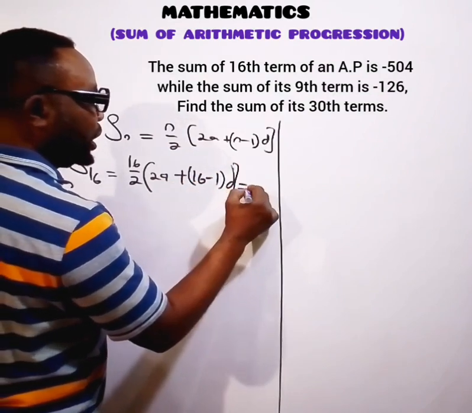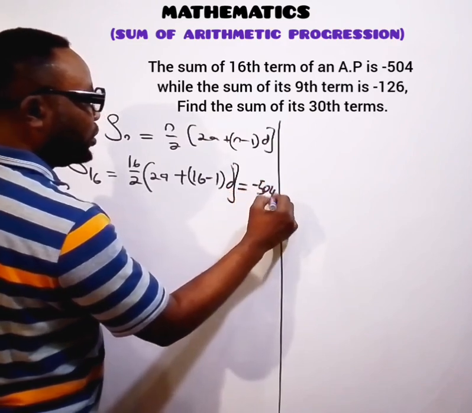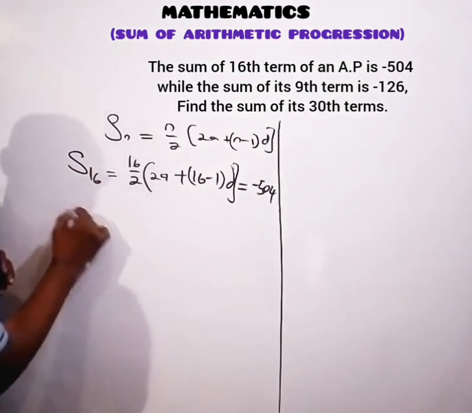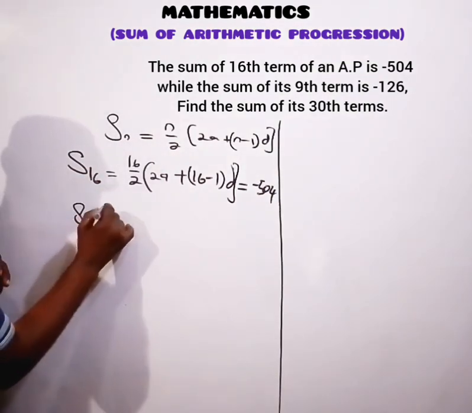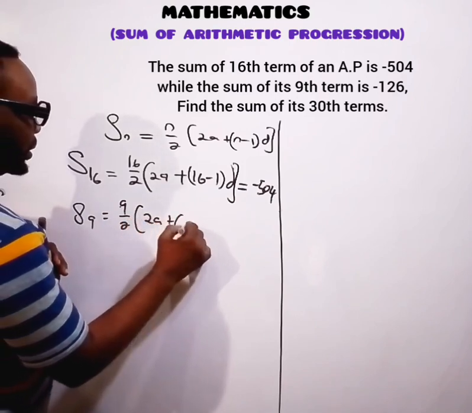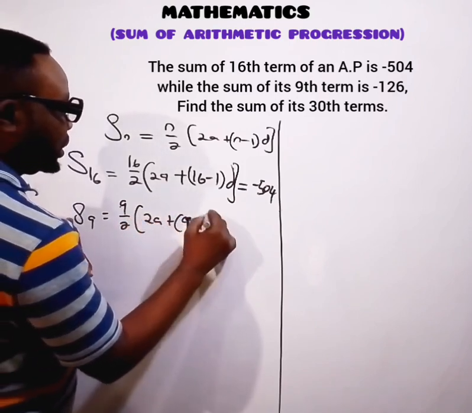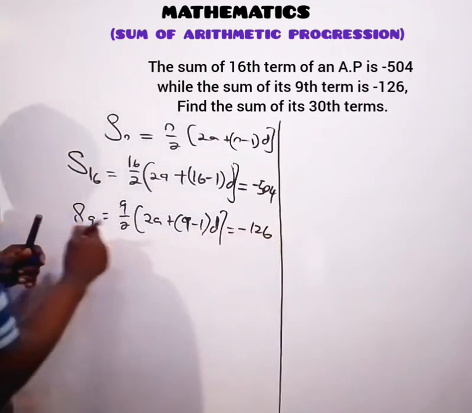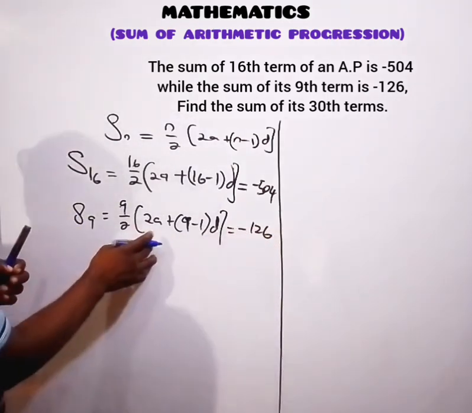That is given to be equal to minus 504. That has been given to us from the question. And we have the sum of the 9th term, which is equal to 9 over 2 times 2a plus 9 minus 1 times d, is equal to minus 126.